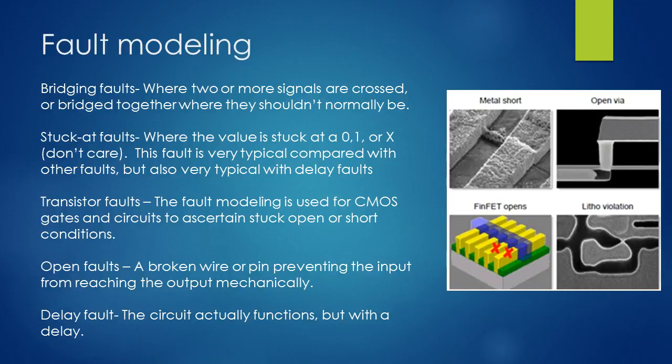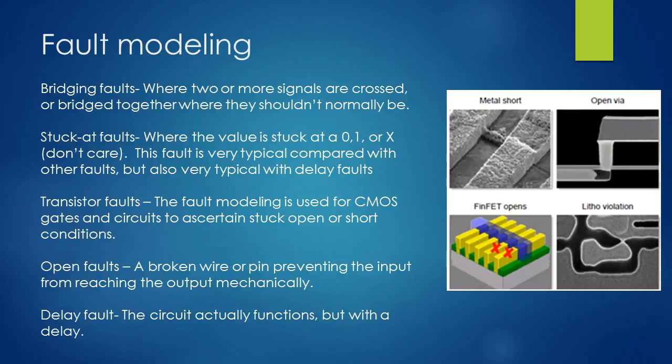Fault modeling. When it comes to bridging faults, there are 2 or more signals that are crossed, bridged together where they shouldn't be. This would result in errors occurring on the output terminals, where one or more outputs are showing the exact same output where it shouldn't be.